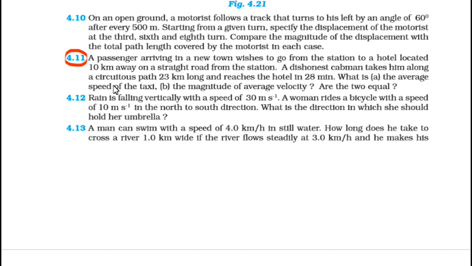A dishonest cabman takes him along a circuitous path 23 kilometers long and reaches the hotel in 28 minutes. What is A, the average speed of the taxi? B, the magnitude of the average velocity?